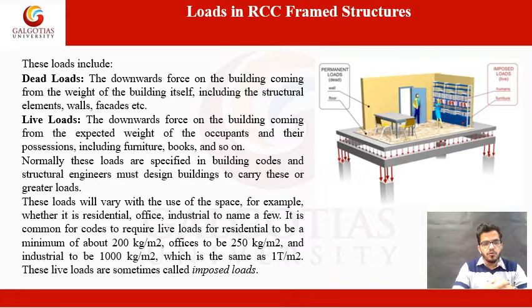It is common for codes to require live loads for residential to be a minimum of about 200 kg per meter square, office to be 250 kg per meter square, and industrial to be 1000 kg per meter square, which is the same as 1 ton per meter square.